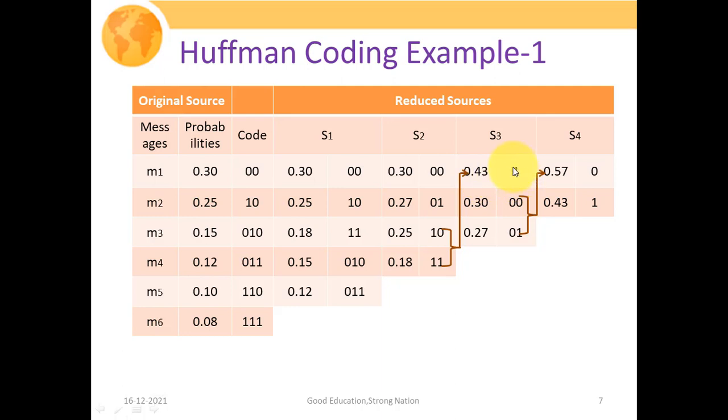So this would have been used for your prefix purpose. So again we have used this prefix 1, and for higher value of probability we have assigned this 0, and for lower value of probability we have assigned this 1. So we have also obtained the code associated with this probability 0.18, that is your 11, for 0.25 that is your 10, 0.27 it is your 01, and 0.30 that is your 00.